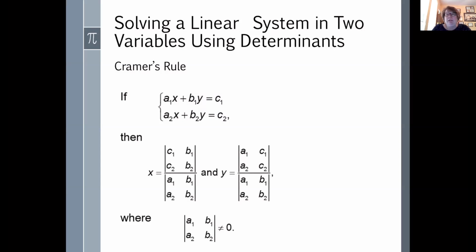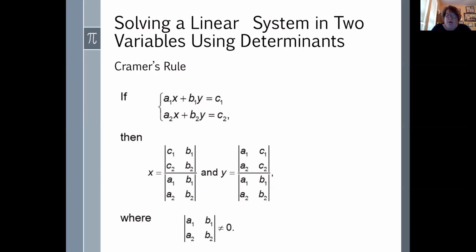The second equation is a sub 2 x plus b sub 2 y equals c sub 2. Then Cramer's rule says that you can determine the value of x, the first coordinate of the ordered pair that's a solution of this system, by taking the ratio of 2 determinants.